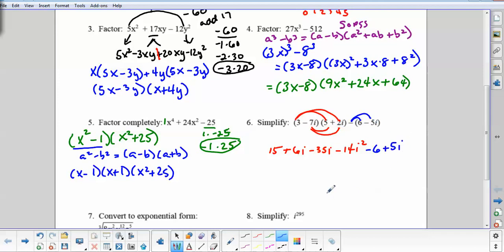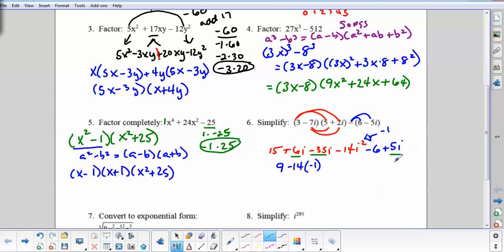Alright, so my real terms are 15 minus 6, so that gives me 9. I know that i squared is negative 1, so I can substitute negative 1 for i squared. So I have minus 14 times negative 1. And then my imaginary terms are 6i, negative 35i, and 5i.